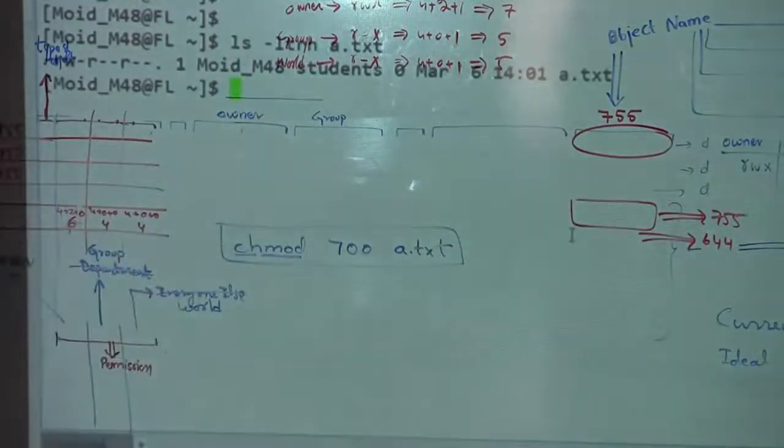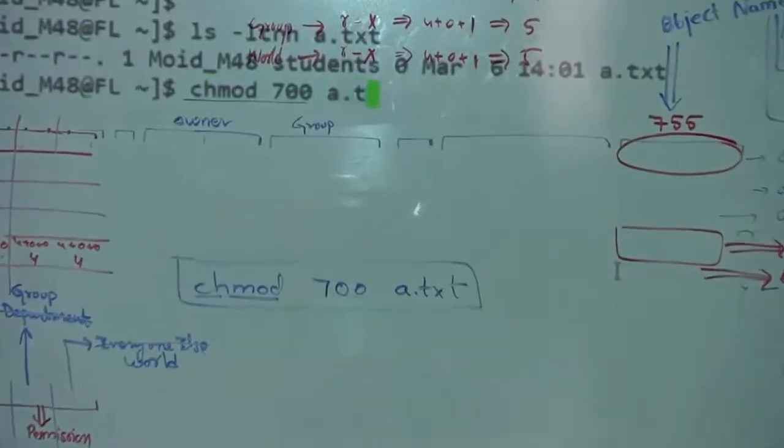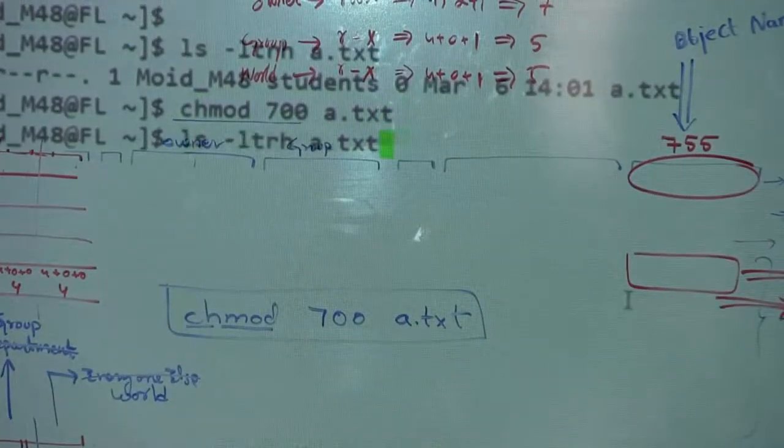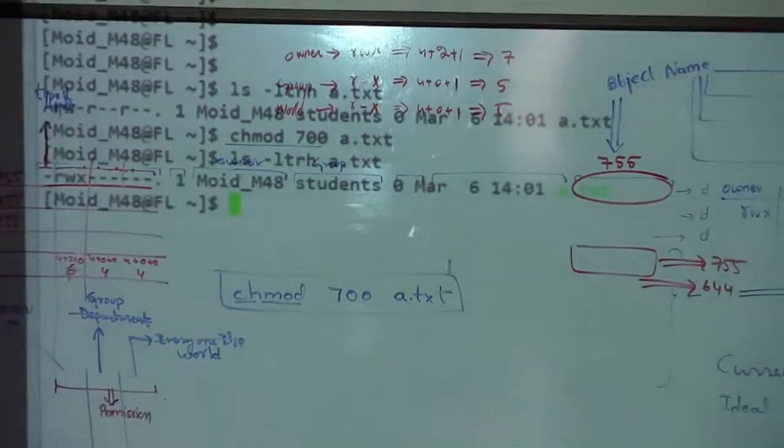And I execute this command. So let me give it a try. chmod 700 a.txt. And then I verify this command one more time. Look at the permissions now.